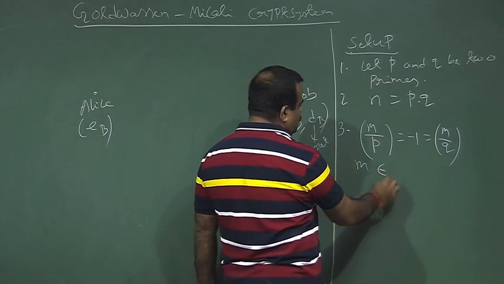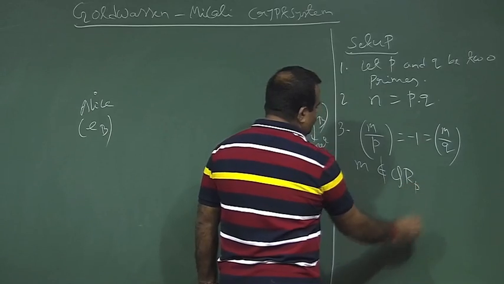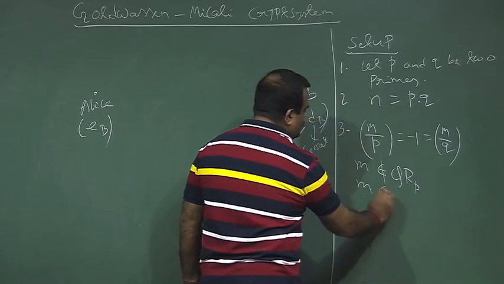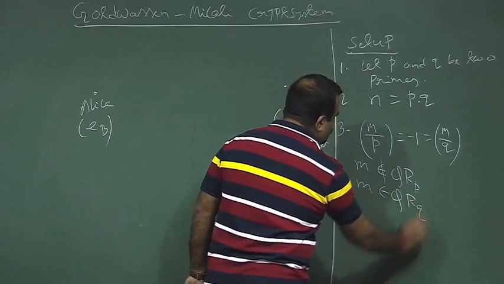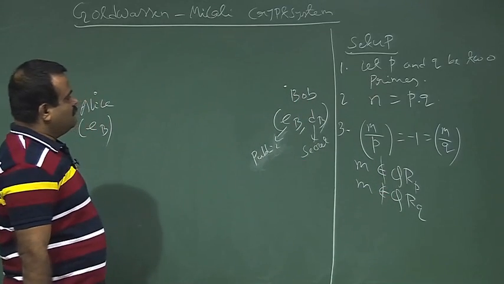So, m does not belong to the quadratic residues mod p, and also m does not belong to the quadratic residues mod q. So, m is a non-quadratic residue mod p and mod q.